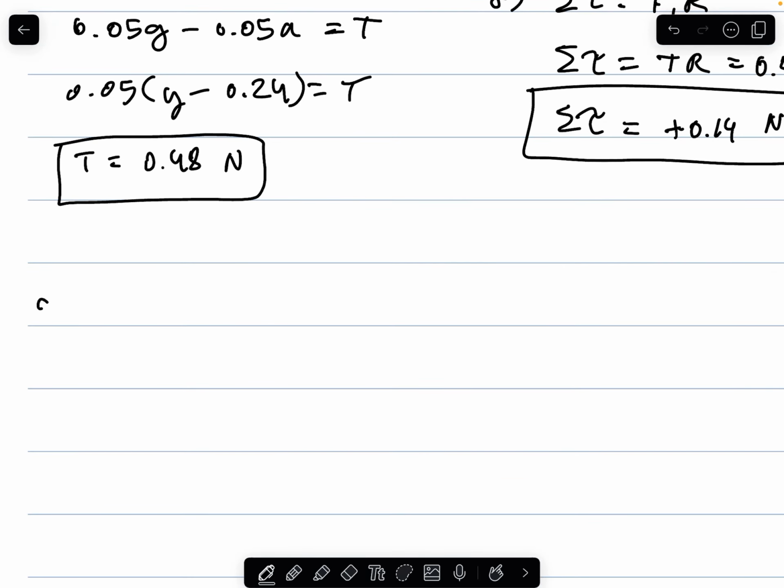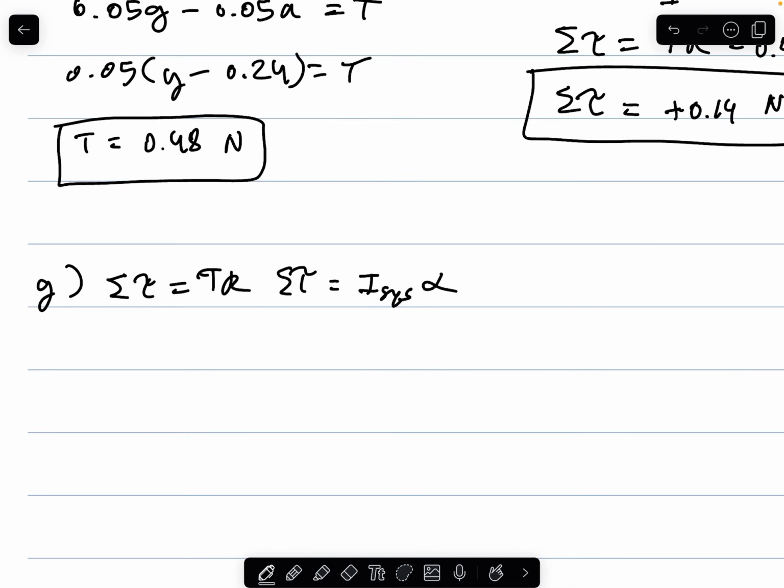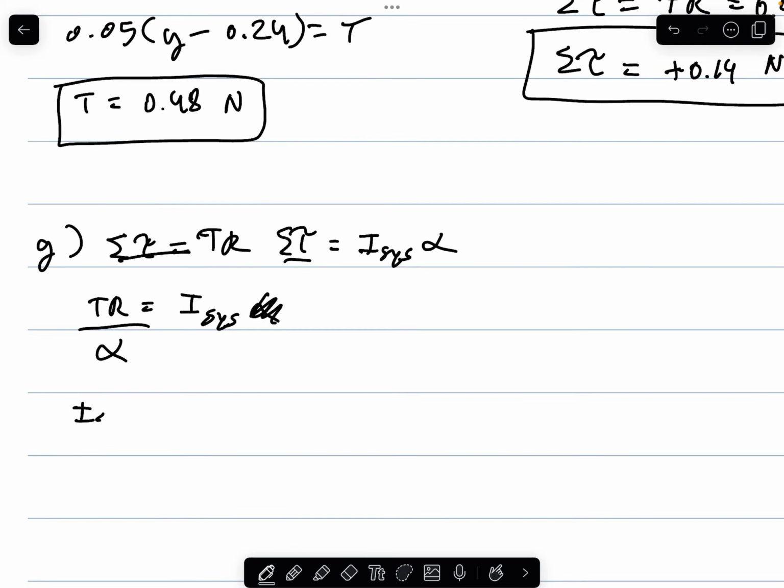And then for part G, I know net torque equals tension times radius, like I said before, but net torque can also equal moment of inertia times angular acceleration. So since they both equal net torque, I can set them equal to each other. Then I can divide both sides by angular acceleration to find the moment of inertia of the system.